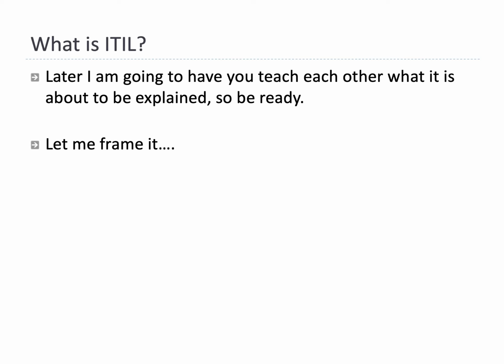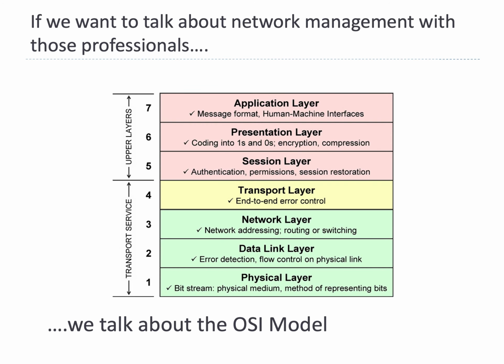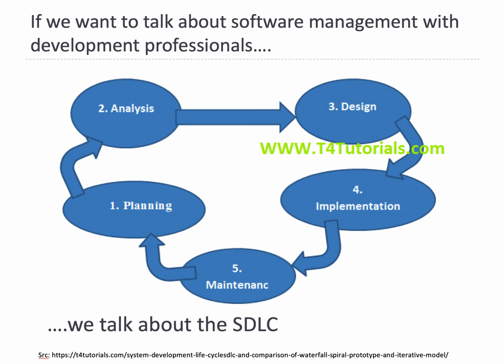Okay, so let me go a little further in terms of framing ITIL. If you're talking with a network manager, their way of seeing the world is through the OSI model. If you're talking to a software developer, their framework for seeing the world might be the SDLC or the steps in Scrum.